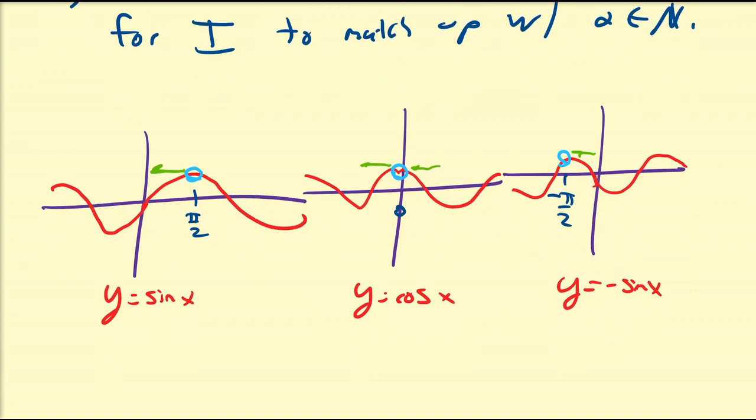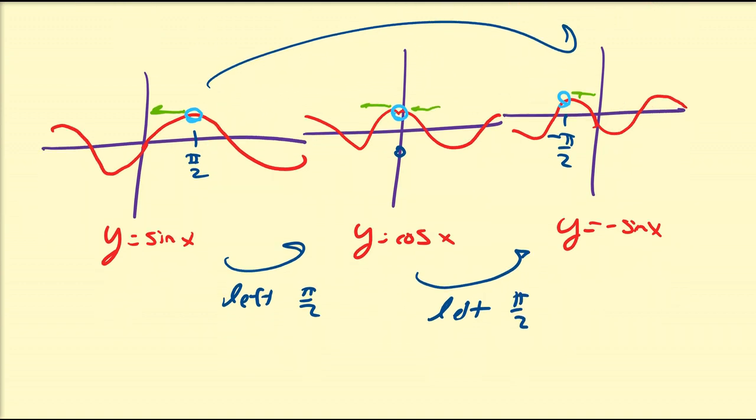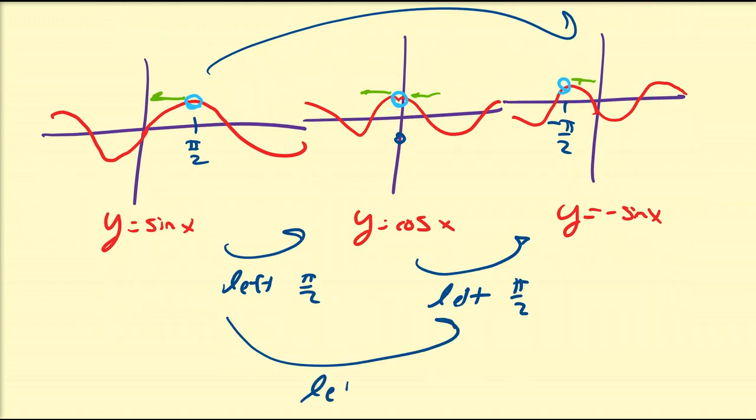So if we want to go from here to here, we shifted to the left. So this is left pi over 2. This is left pi over 2. And if we want to jump from here to here directly, this is left 2 pi over 2, or just pi, right?